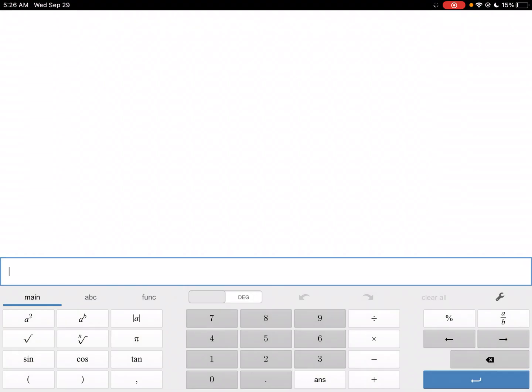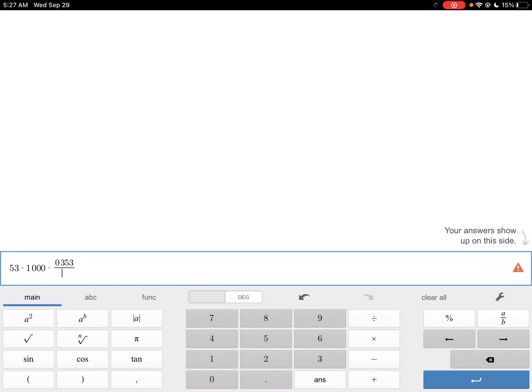So we take 53 times 1,000 times 0.0353. Then I'll divide by 16.